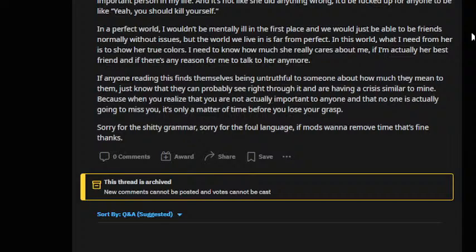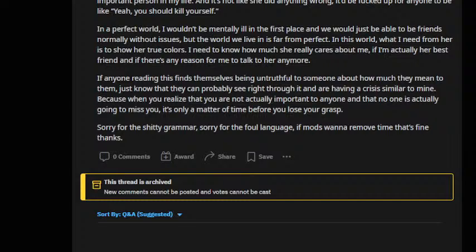I'm just gonna replace every time you say world with society. I think I actually thought this was like poetic at one point. In a perfect world, I wouldn't be mentally ill in the first place, but the society we live in is far from perfect. It's so bad. In this society, what I need from her is to show her true colors. I need to know how much she really cares for me, if I'm actually her best friend, and if there's any reason for me to talk to her anymore.